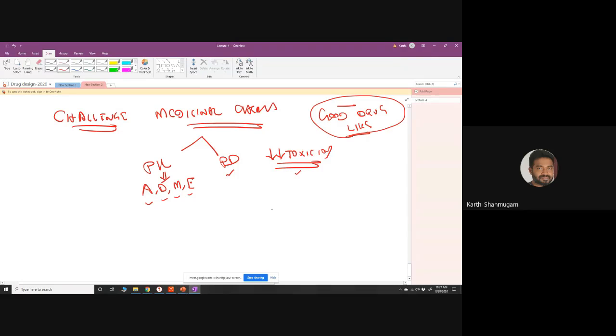So, say you have a molecule which has good distribution, good metabolism, good excretion, very little toxic effect, and good pharmacodynamic properties. Everything is fine. The only problem is that the absorption of this molecule is not good.